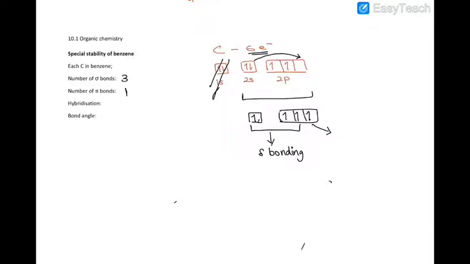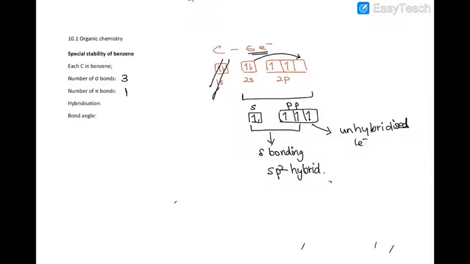So these 3 are going to be hybridized. So you have the s and the p and another p. So this is sp2 hybridized sigma bonding. And then there is one electron. This one is unhybridized, and this unhybridized electron will actually overlap sideways.